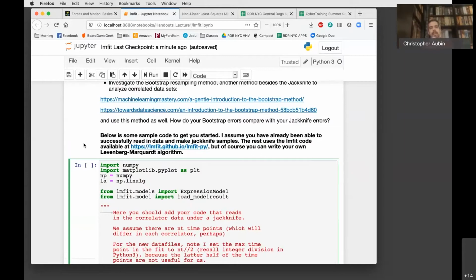Then you randomly select 50 configurations from your set of 100, and they could duplicate. You don't require selecting 50 distinct configurations. Then you do your average on that, and that's your first bootstrap sample, and then you do that 50, 100, 1,000 times, things like that.